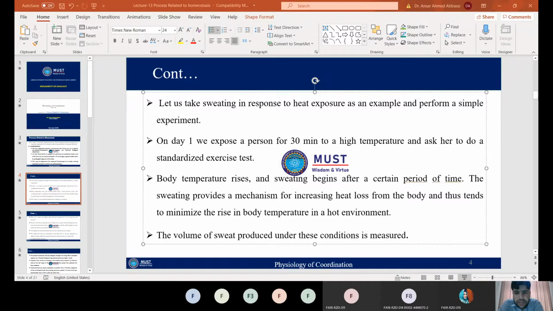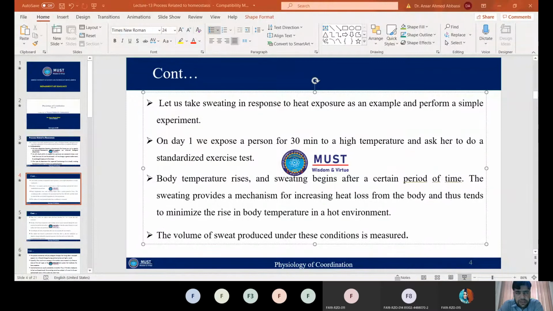So by increasing either the number, the size, or the sensitivity of the cells involved in the homeostatic control system, our body acclimatizes to any specific environmental stimuli.